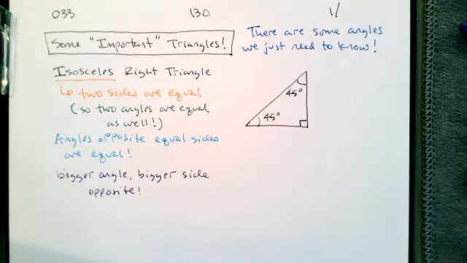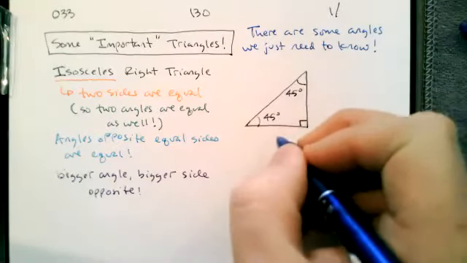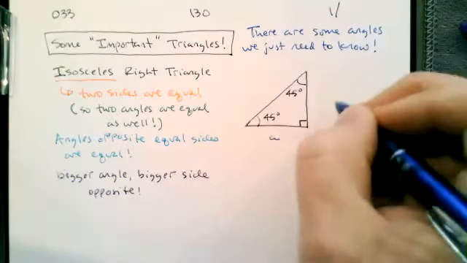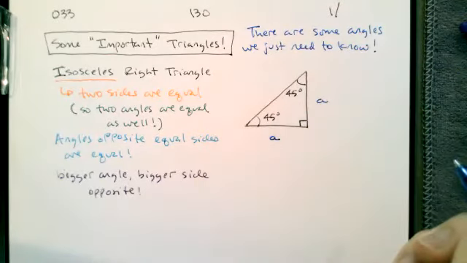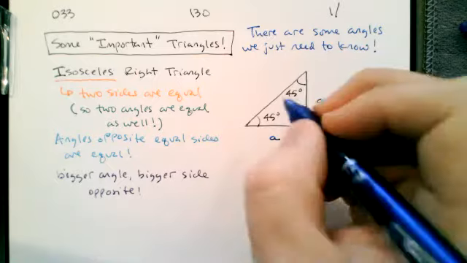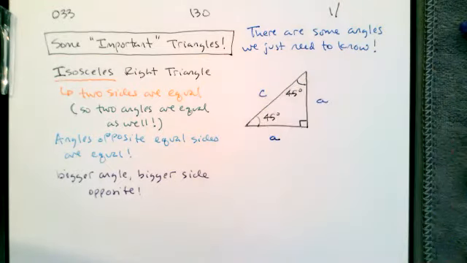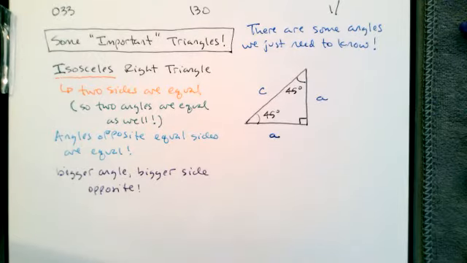So the advantage that we have here is that if these two sides are the same, instead of saying A and B and C, I can give them the same name, A and A. And it's a right triangle, so I'll still use C for the hypotenuse. This will give us a relationship between the sides of an isosceles right triangle.